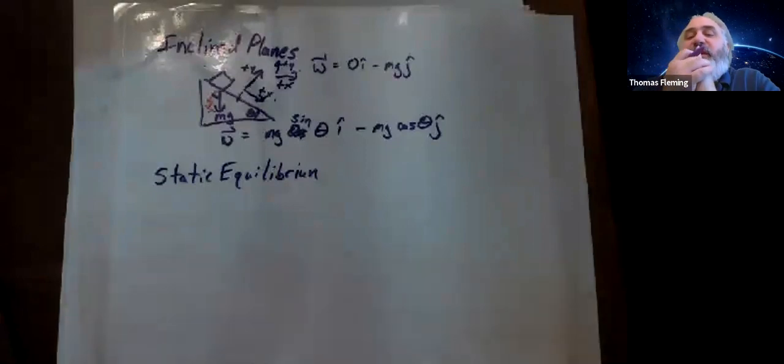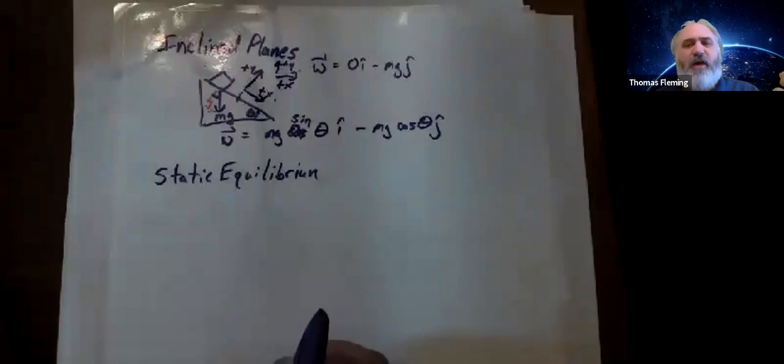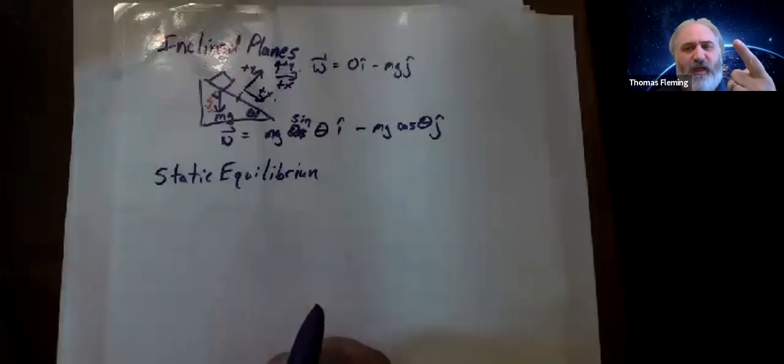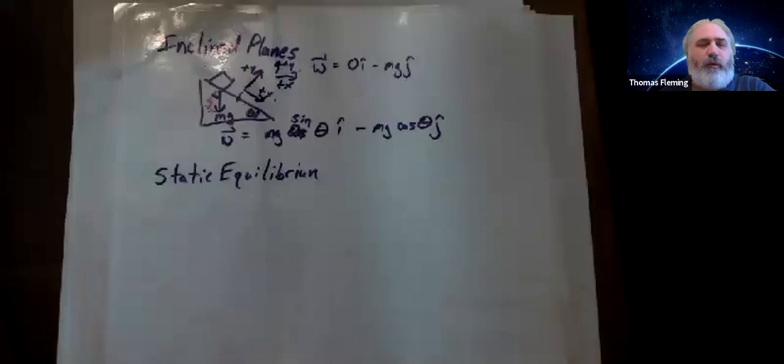Now, just to be a little pedantic, you could also have what effectively is a static equilibrium problem, even if the object's moving, provided that it's moving at a constant velocity. So be on the lookout. Even if it's moving, but at a velocity that's not changing, so it's going in a straight line and it's not speeding up or slowing down, that's also technically a static equilibrium problem.